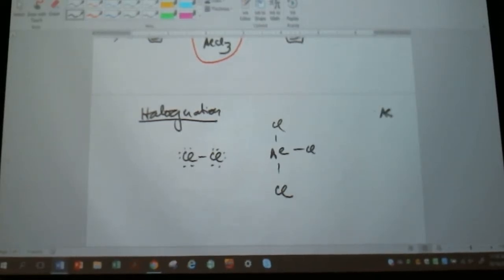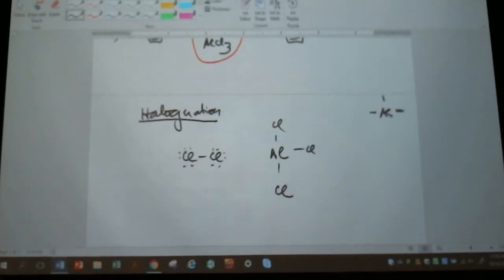Aluminum is in group 3A, has 3 valence electrons. Iron, same deal. In this situation, this can form 3 single covalent bonds, but only has a sextet of electrons. So it would very much like to have an octet. It's electron deficient. That is an electron fire.